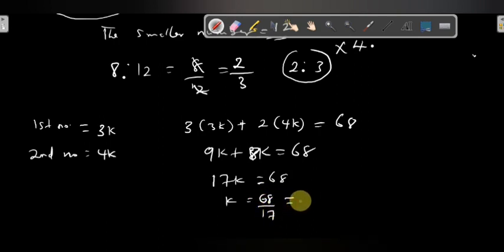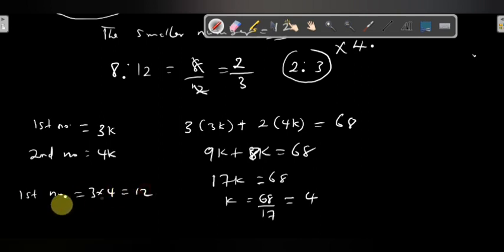So that's going to give us 4. So from here, k is 4. So what we have to do is just substitute the value of k into this. The first number will be equal to 3 times 4, which is equal to 12. The second number will be equal to 4 times 4, which is equal to what?